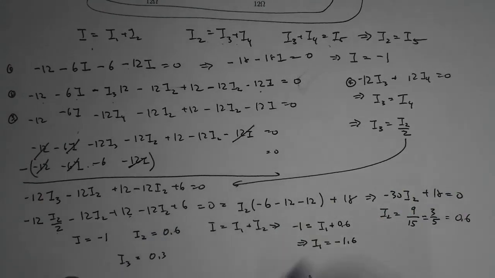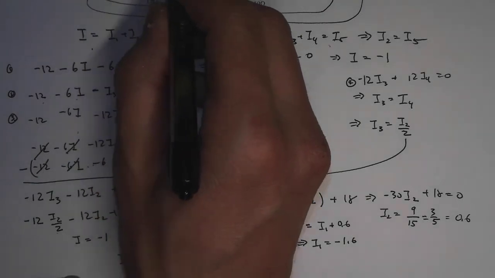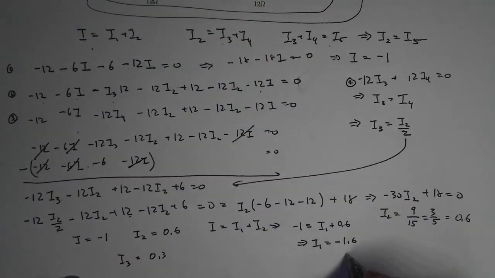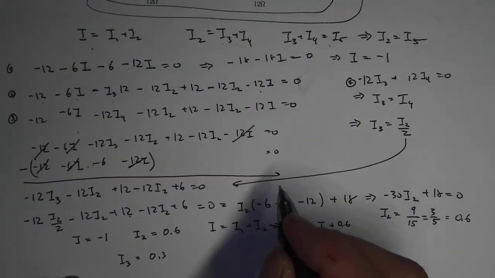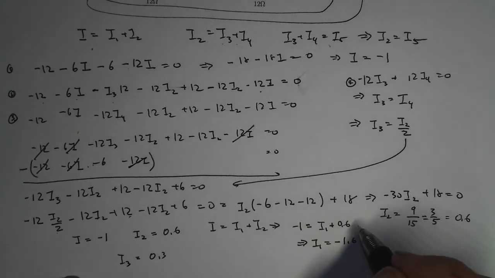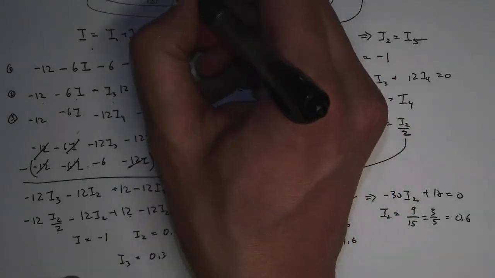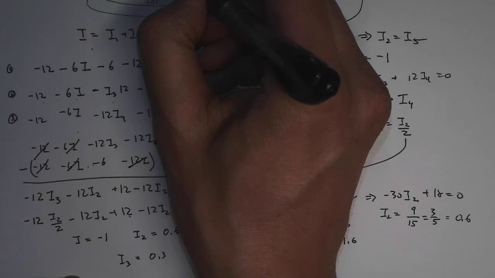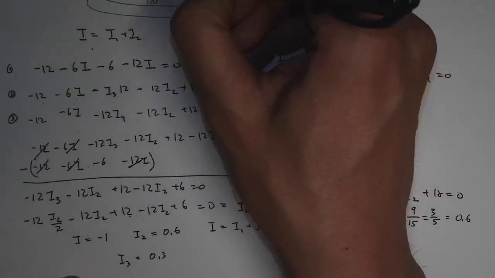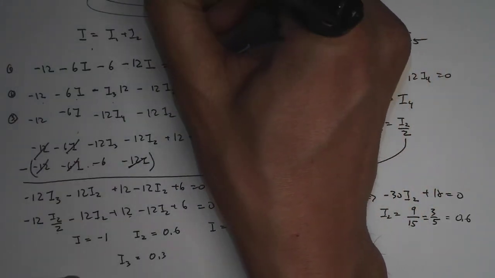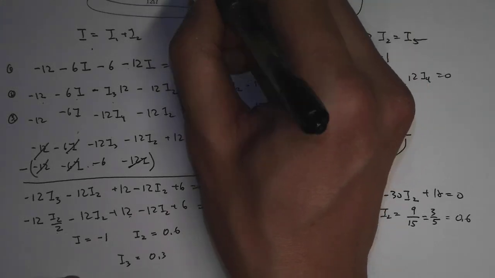So basically you have the branch here. What is it? This branch here is going to be minus 1, right?